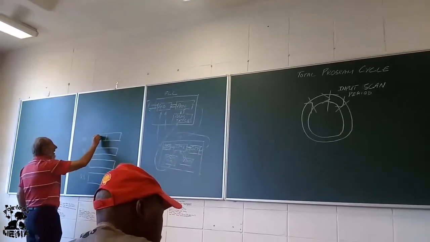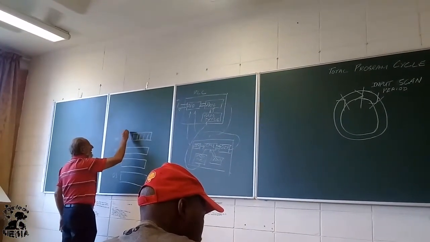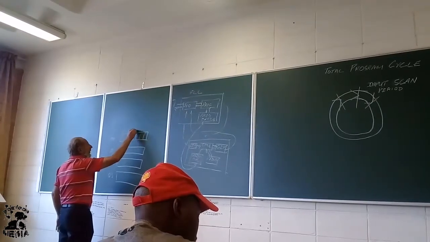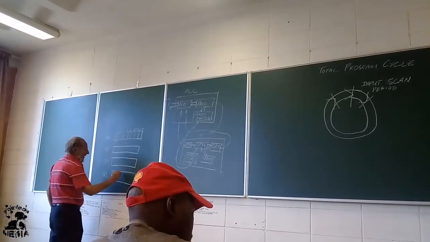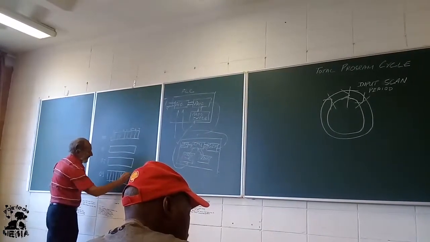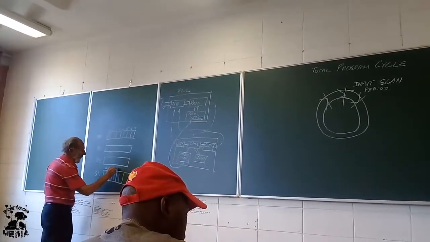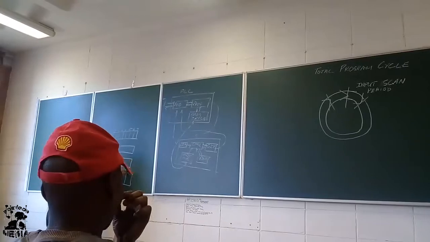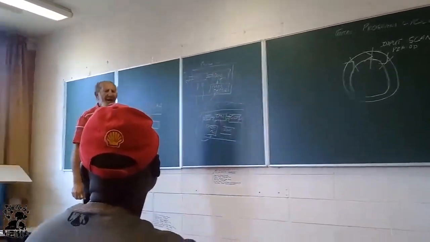Each rack has 8 slots: 0, 1, 2, 3, 4, 5, 6, 7. All 4 racks look like that.